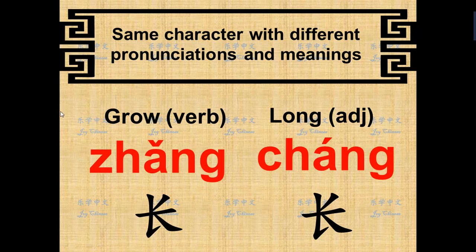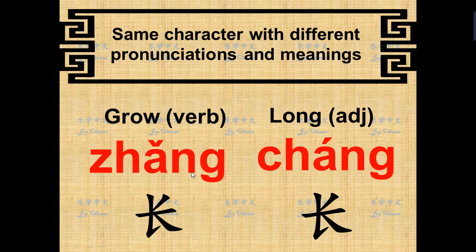Next one, I would like to let you know that in Chinese, we have a lot of characters that actually have different pronunciations and different meanings. For example, this one. They are exactly the same character. However, they have different meanings according to their different pronunciations. The first one is zh, ang, zhang, third tone.